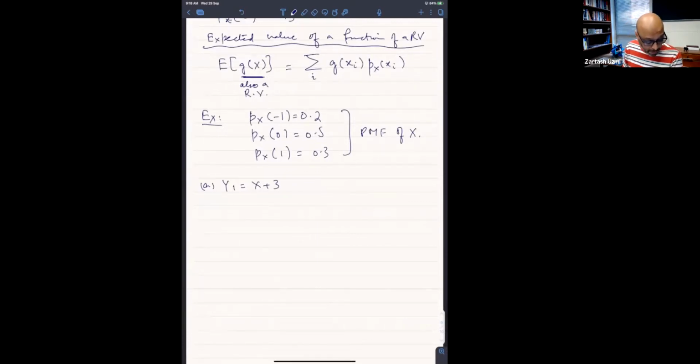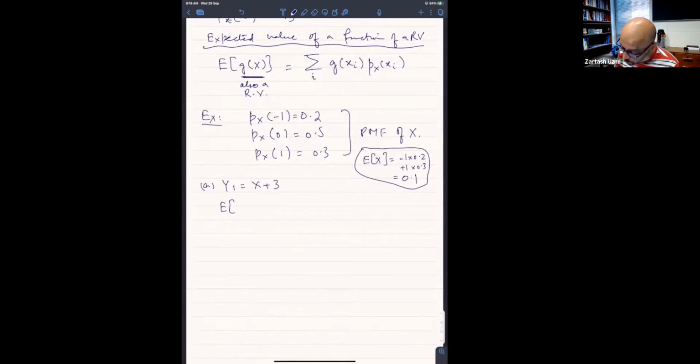I can find the PMF of y1, and I can also find the expected value of y1. First, what is the expected value of x? It will be -1 into 0.2 plus 0 into 0.5 plus 1 into 0.3, which is equal to 0.1.